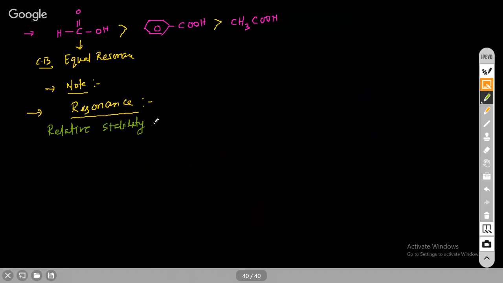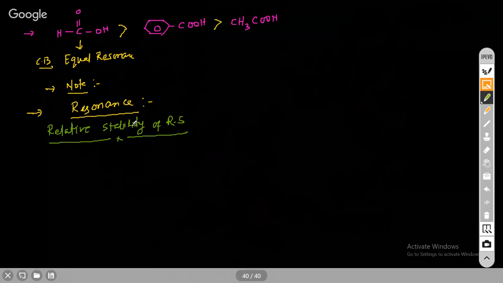Relative stability of RS. So we are comparing the stability of resonating structures of the same compound. There are 7-8 rules in this, and those rules we have to memorize and apply to compare the relative stability.